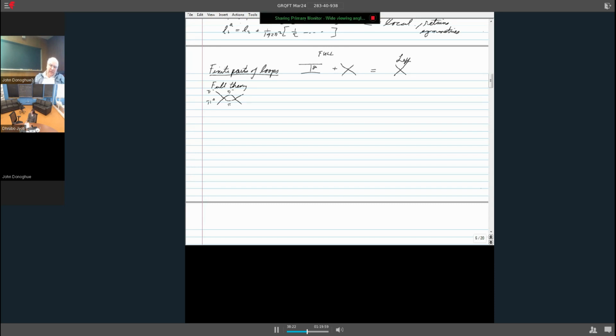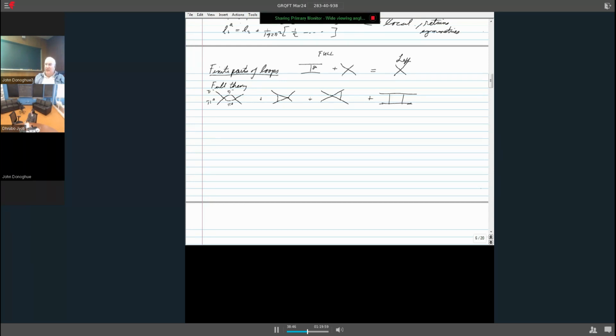Now, I'd like to use that correspondence looking at loop diagrams. I'm going to pick a particular set and try to contrast doing the loops in the full theory and the effective theory.